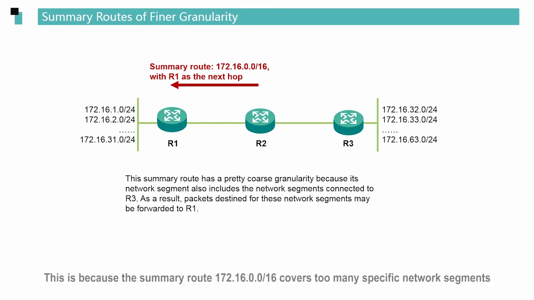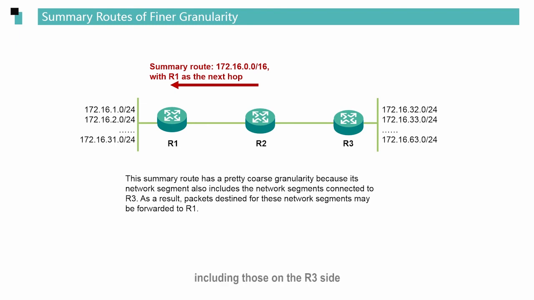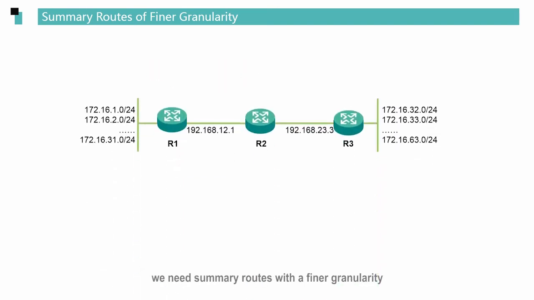This is because the summary route 172.16.0.0/16 covers too many specific network segments, including those on the R3 side. In this case, we need summary routes with a finer granularity.